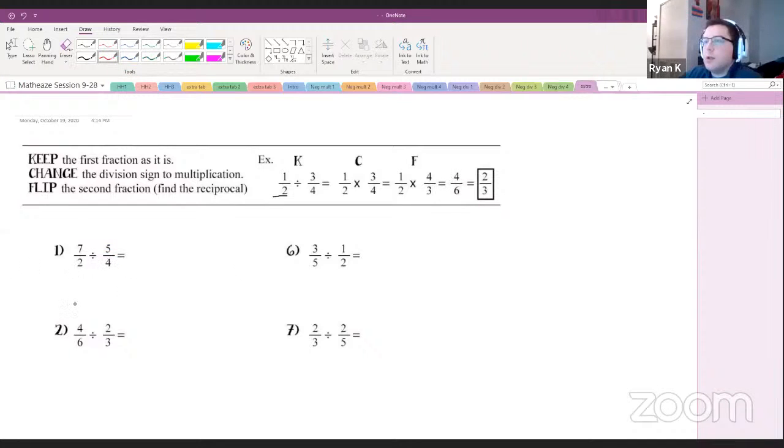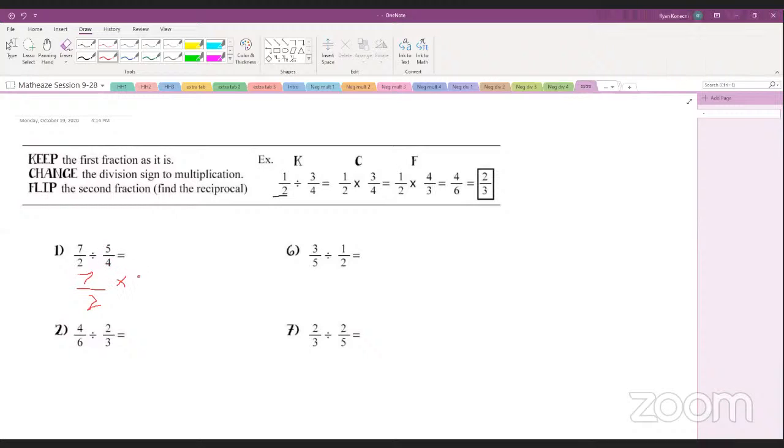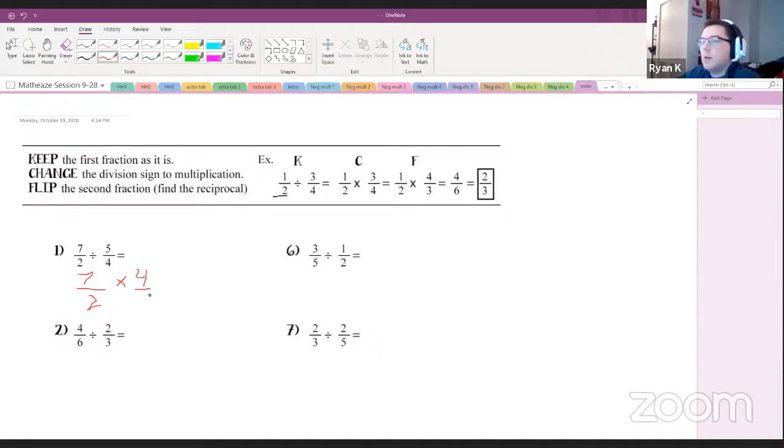All right, so let's jump right into it then. We'll leave the first fraction alone. We got 7/2. We can multiply by the reciprocal of this by flipping it around. So that's by 4/5. What would that get us?